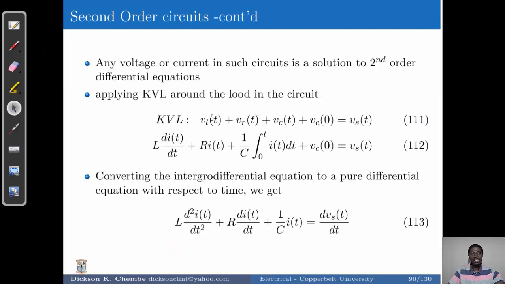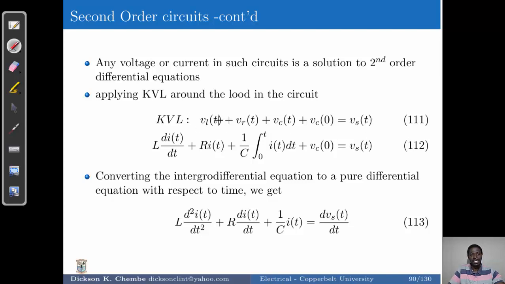When we apply KVL in that series circuit, we have a potential across the inductor, the resistor, and the capacitor, and we've also got the initial value of the capacitor in that circuit, and together they must give us the source value at t.